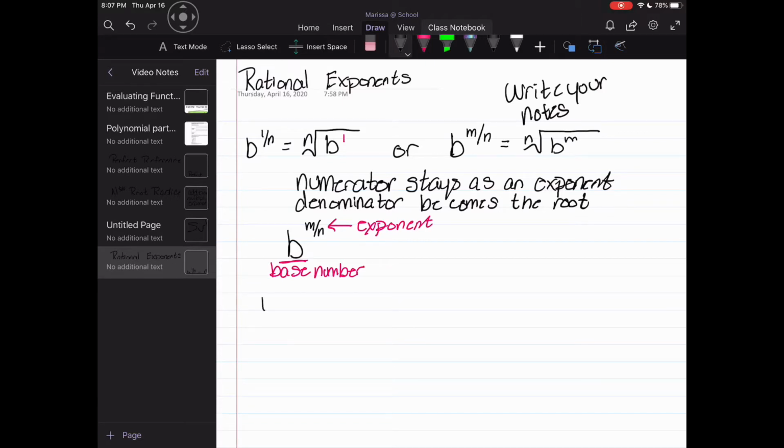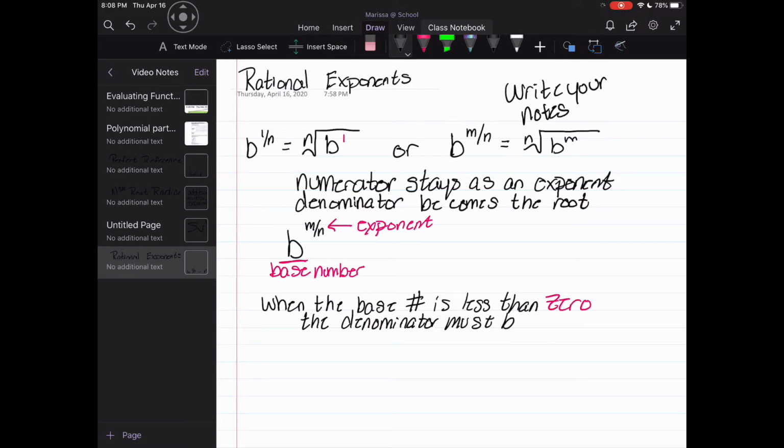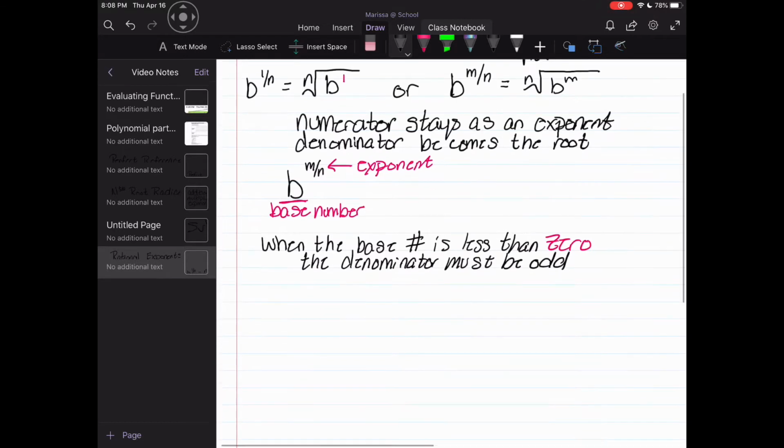So when the base number is less than 0, and 0 is an important word there, the denominator must be odd.